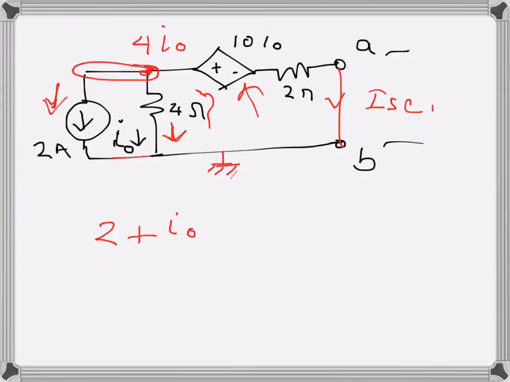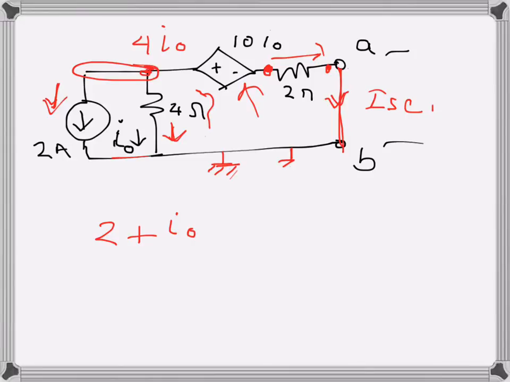So ISC, first let's see what is ISC. ISC is the current that is going through the 2 ohms resistance, this one, same current. So the voltage here is 0 because this one is short circuited.